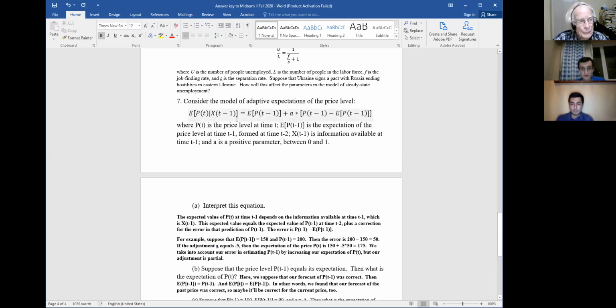Curiously enough, it would be equal to our expectation of last year's price. So in other words, if we were correct last year, we will think that we will be correct this year as well.